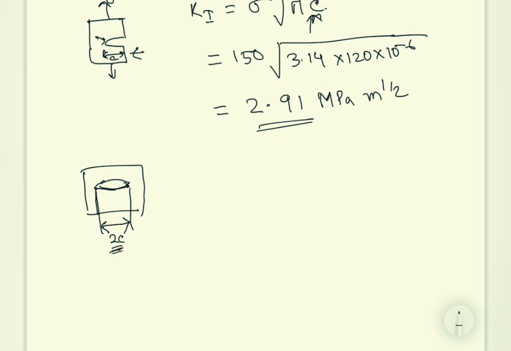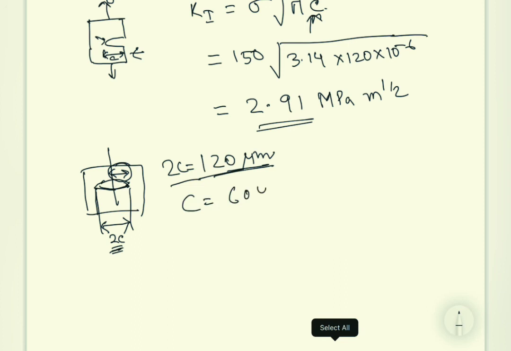We always take the half of this as C. But the crack length is not changed here. So 120 micron is the crack length, and we divide it by two, so that is actually 2C. So C equal to 60 micron, or 60 into 10 to the power minus 6 meter.